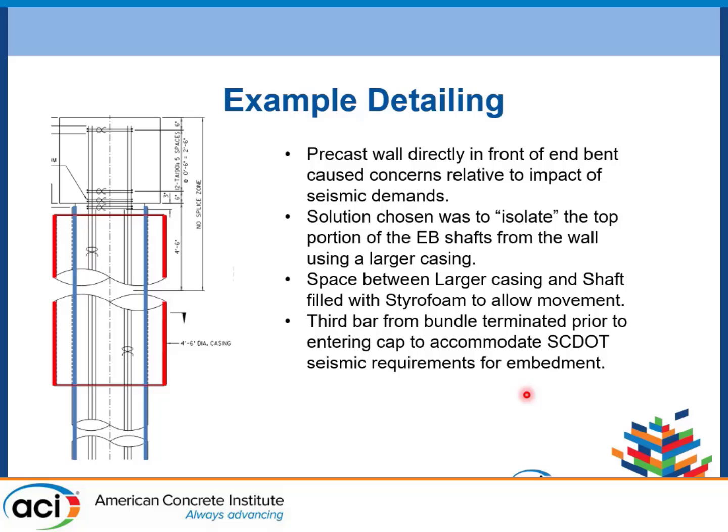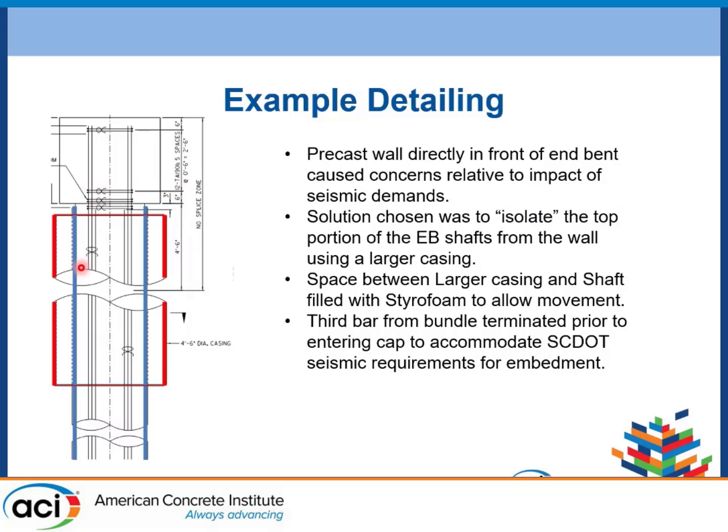Another interesting challenge that we had was we had a project where this is an end-bent cap, but we had a precast wall directly in front of this that we didn't want any soil loads imparted onto it from a seismic event.